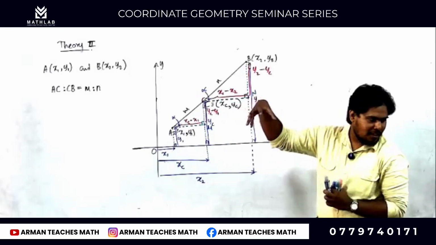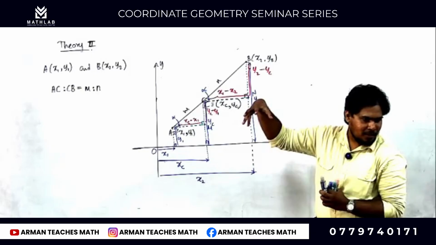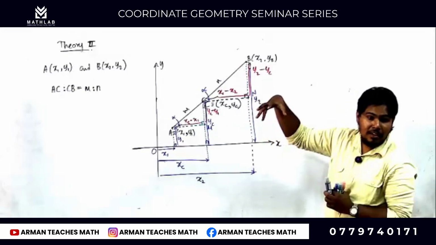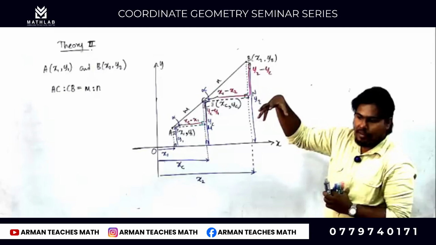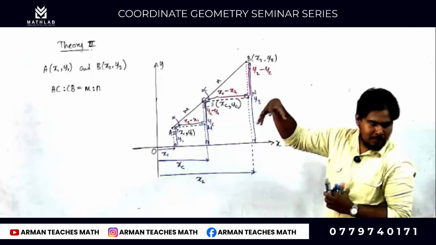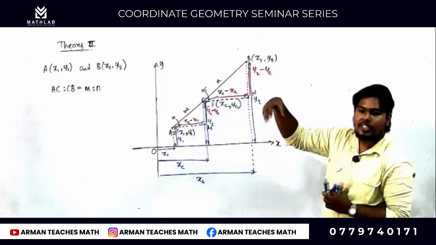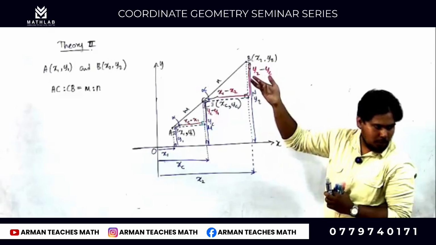Those two triangles are equiangular. We know that equiangular triangles have the same shape, which means corresponding sides are proportional.